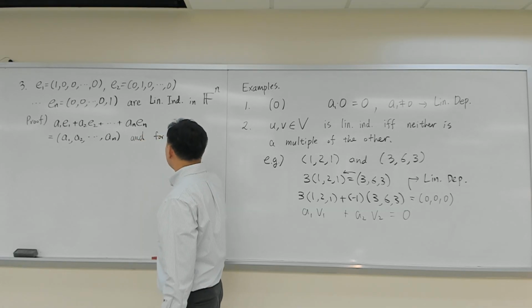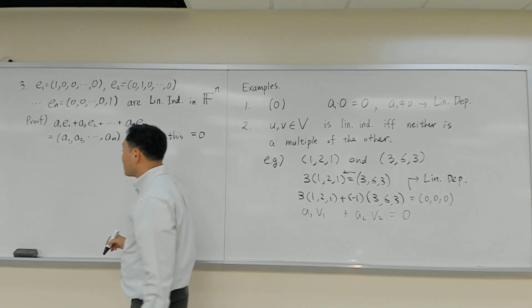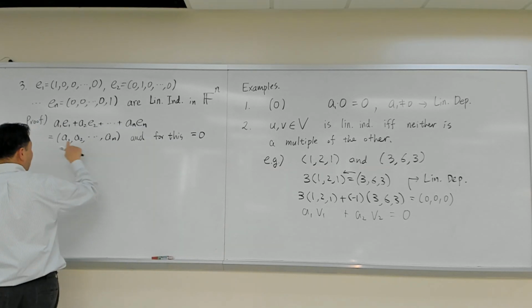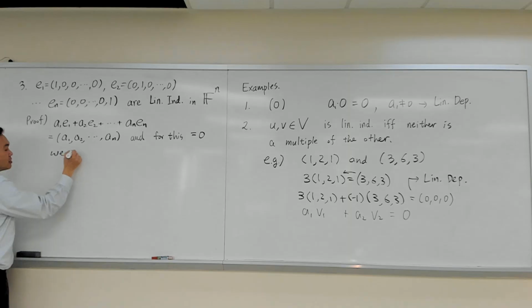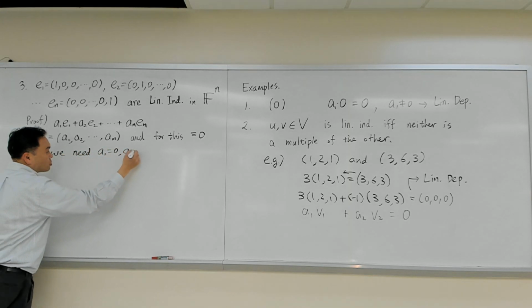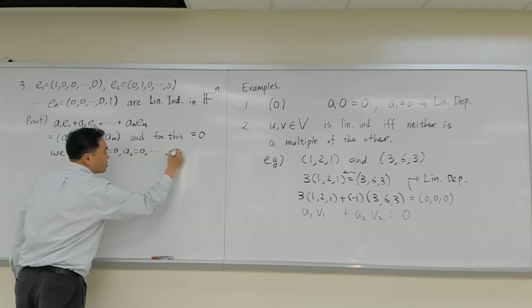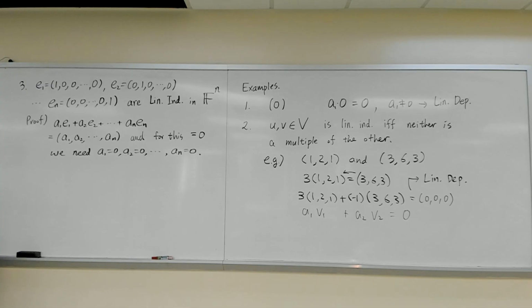For this to equal the zero vector, the only way is when individually all of these are 0, right? So we need a1 equal to 0, a2 equals 0, and so on. So that means it's linearly independent.